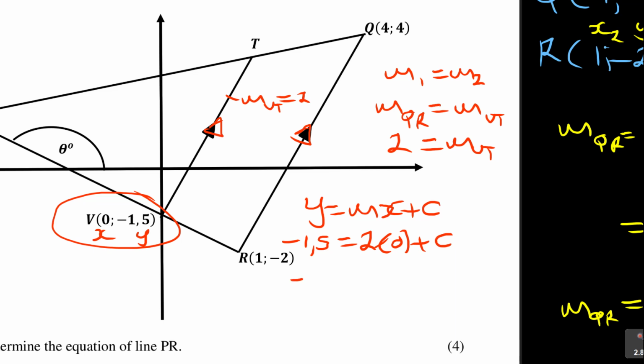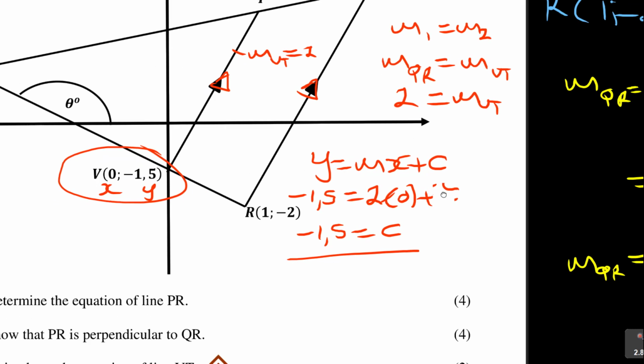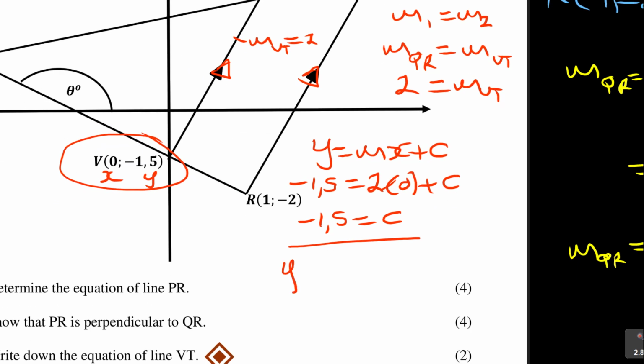So you can see that -1/5 is equal to c. So what is the equation of the line? y is equal to 2x minus 1/5. This question was 2 marks.